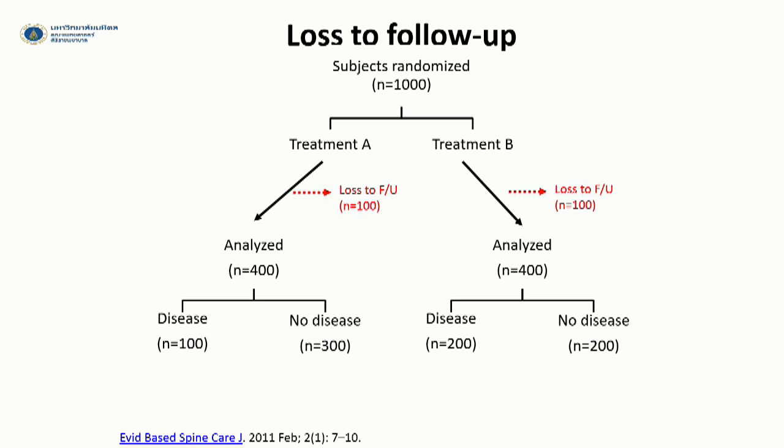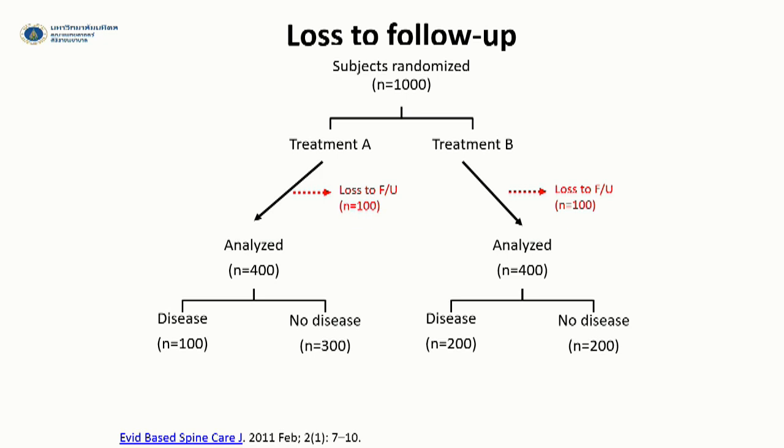This is just numbers that I would like to give you as an example. Let's say you have 1,000 subjects in your study. You want to compare treatment A and treatment B. Let's say that after you run the trial for some time, like 1 or 2 months, in the treatment A group, about 100 people are lost from the follow-up.